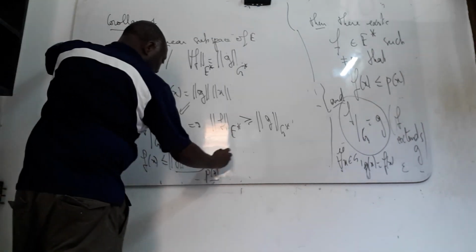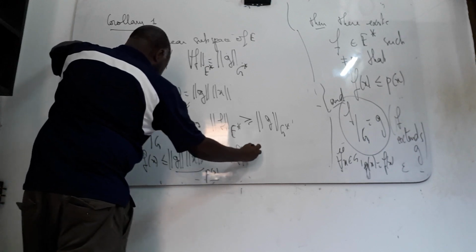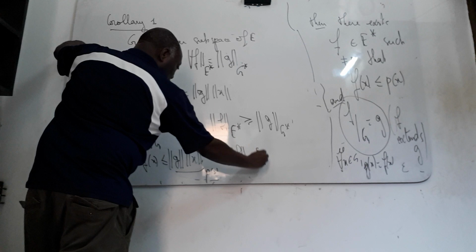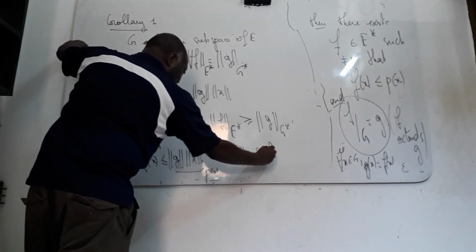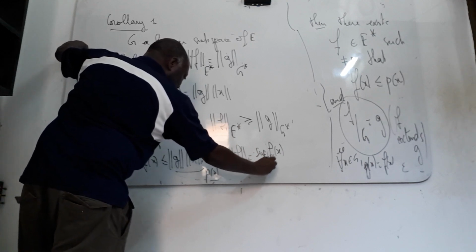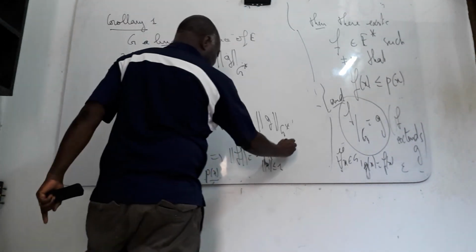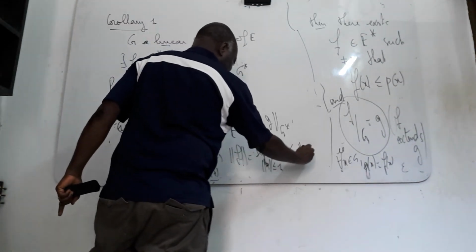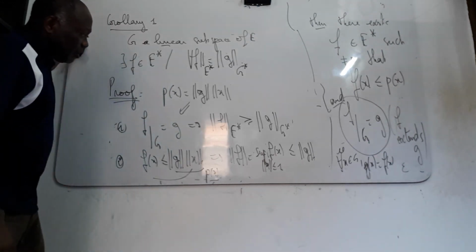Then from here, the norm of f, which is equal to the sup of the norm of f of x with the norm of x less than or equal to 1, will be less than or equal to the norm of g, using this fact.